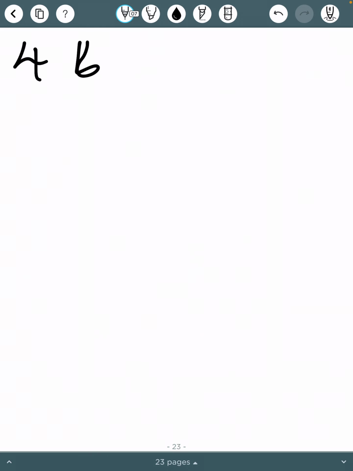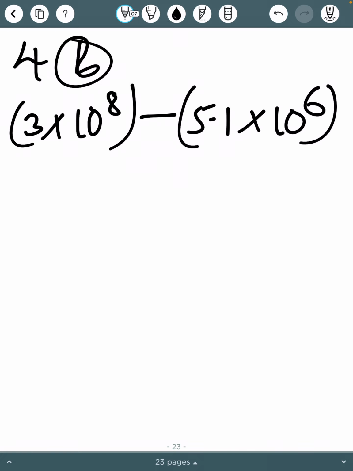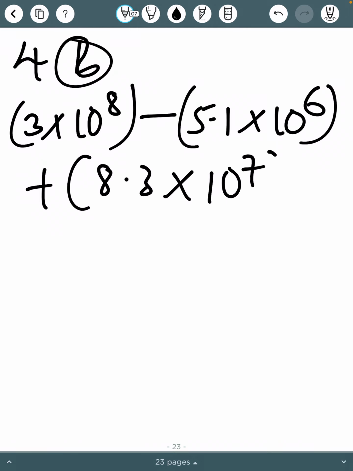Let's go to question 4b. I have 3 brackets there too. 3 times 10 raised to the power 8 is the first bracket. Minus the second bracket, which is 5.1 times 10 raised to the power 6. Pay attention. Then the third bracket is 8.3 times 10 raised to the power 7.